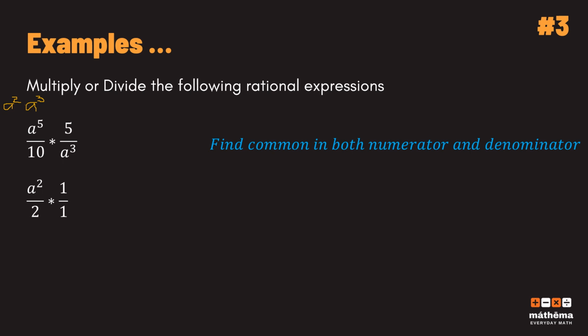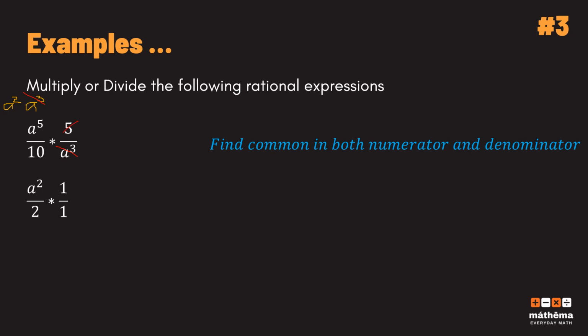So from here, we can cancel out a cubed. And then our 10 can be rewritten as 2 times 5, so we cancel this one out.